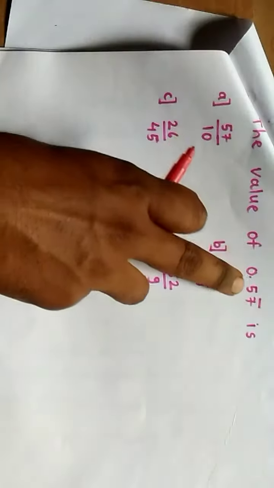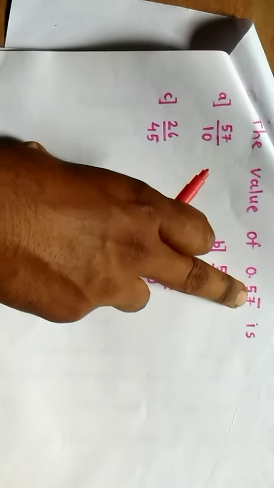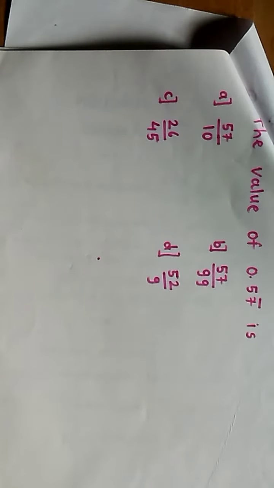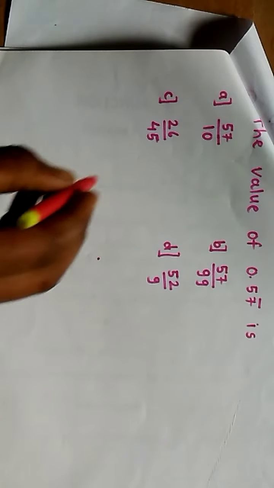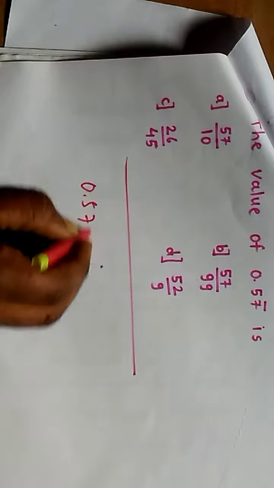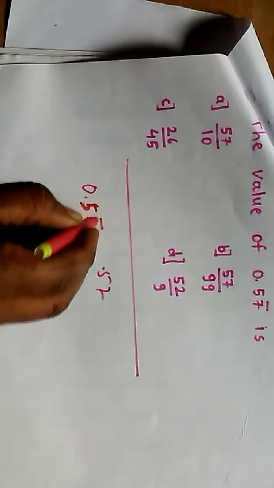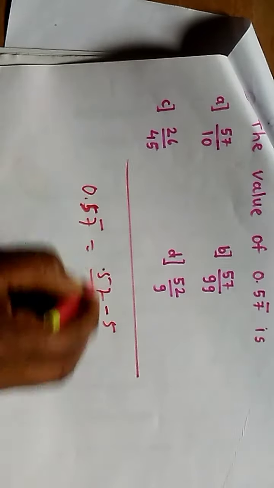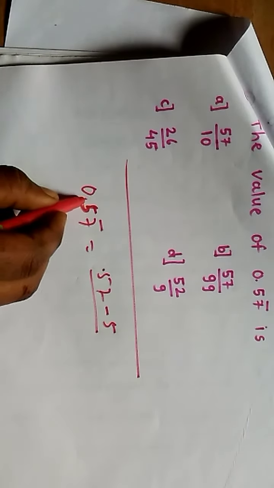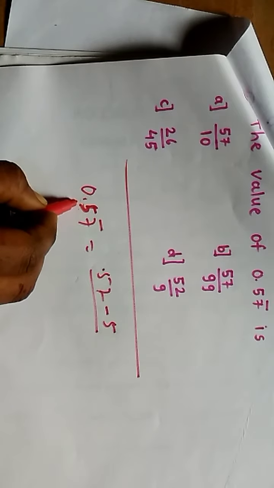Next question, value of 0.57 where 7 is repeated, so we take a bar on this. So 0.57 is equal to 57, point, minus the part which is not repeated. Yes, 5 is not repeated, so minus 5. Okay, how many places? 1, 2, two places.